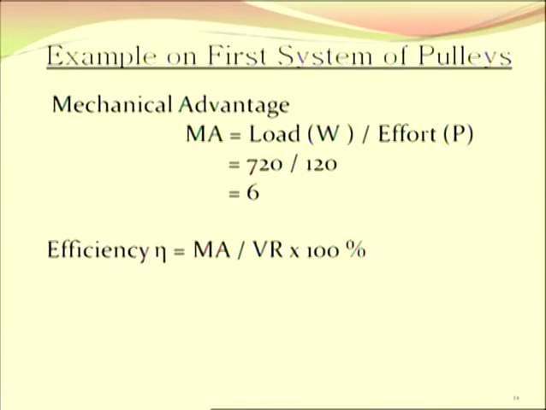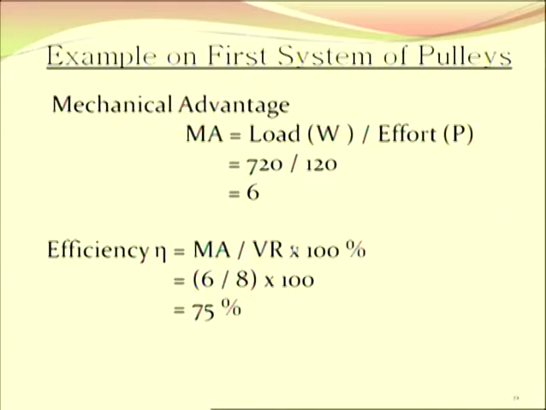Now we know that efficiency for any machine is equal to mechanical advantage MA divided by velocity ratio VR, into 100 as a percentage. Putting values from the data, we have calculated mechanical advantage of 6, and earlier we calculated VR is equal to 2 raised to n, which results in 8. So putting that value, 6 by 8 into 100, the answer for efficiency comes out as 75%.